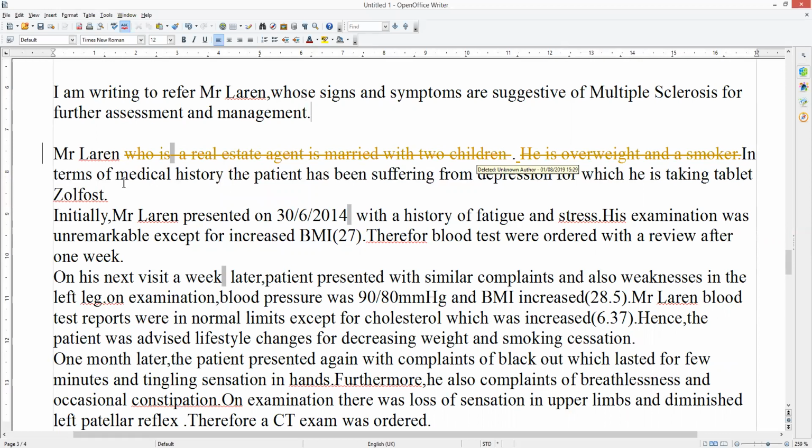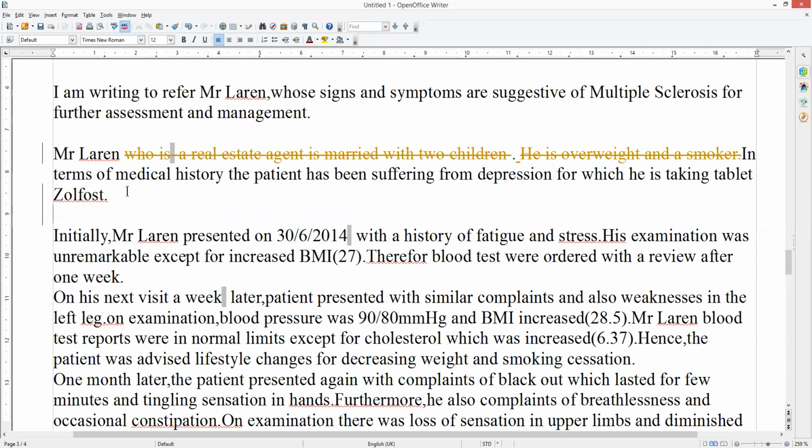"And he's got depression." Okay, well, kind of, but you've got some things here. So it's like including information without necessarily drawing anything out of it. So he's a real estate agent, and he is married, and he's got kids, and he's overweight, and, you know.